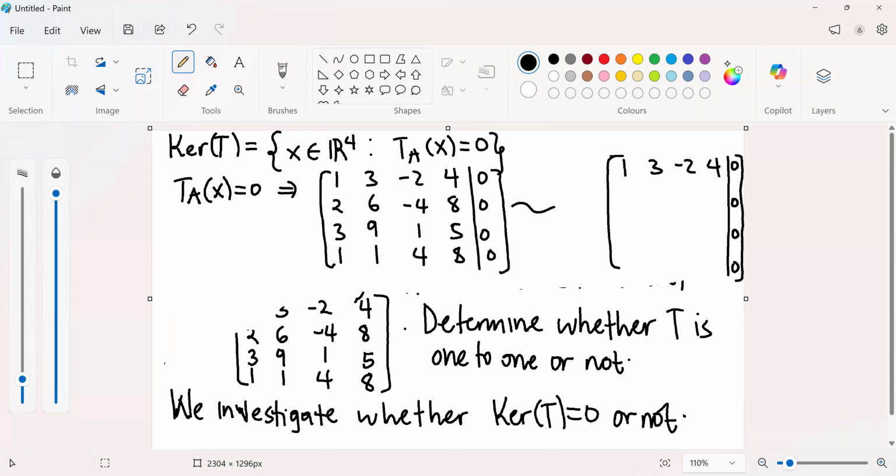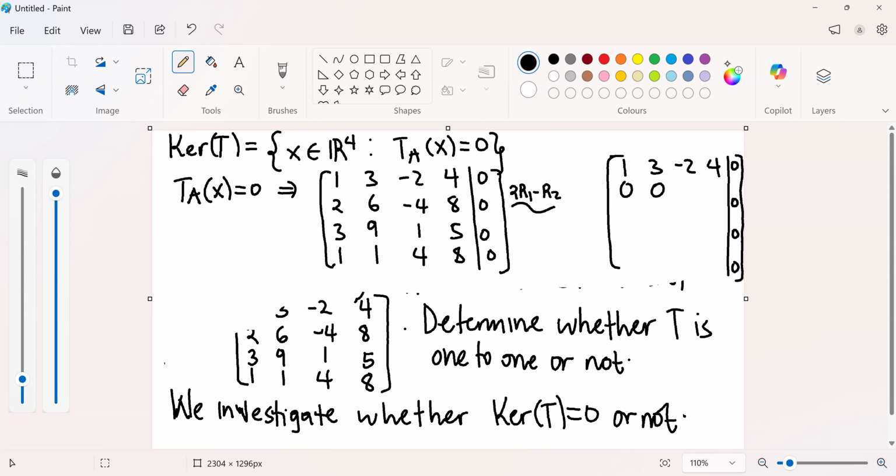So we fix the first row, then we deal with the other ones. For example, to obtain row 2, I'll have 2 times row 1 minus row 2. Since row 2 is 2 times row 1 in the first three entries, this will be a 0, this will also be a 0.